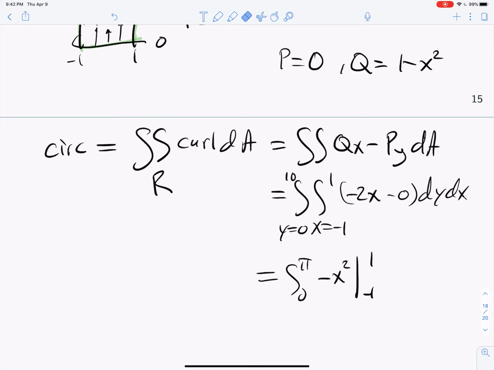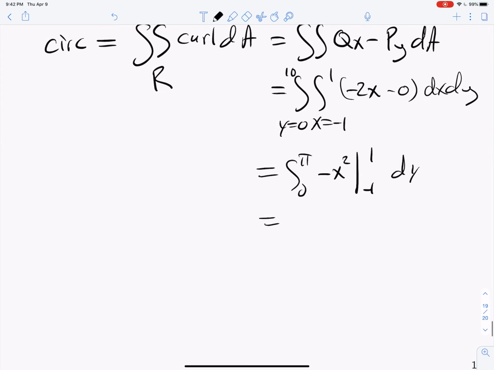Oh, I've got trouble here. dx dy, I guess I wrote it. So that's going to give me 0 to 10, negative 1 minus negative 1. That's negative 1 plus 1, that's 0.